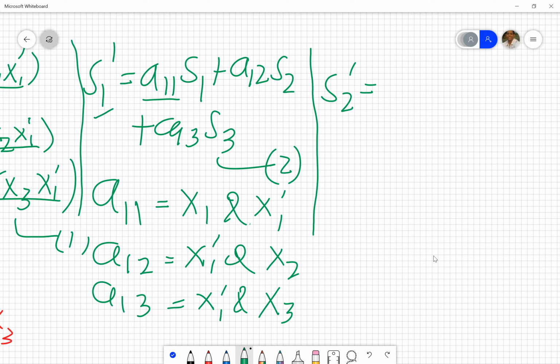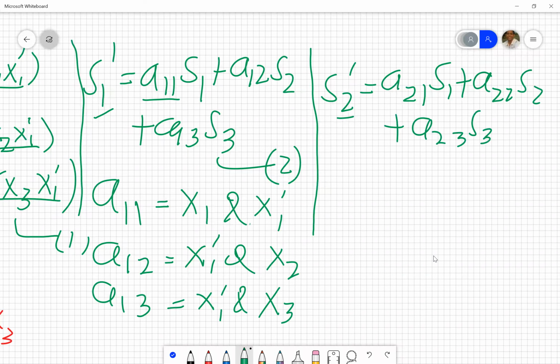Everywhere the a starts with the subscript 1. Now we start with the subscript 2 for s2, so we have a21 s1 plus a22 s2 plus a23 s3.